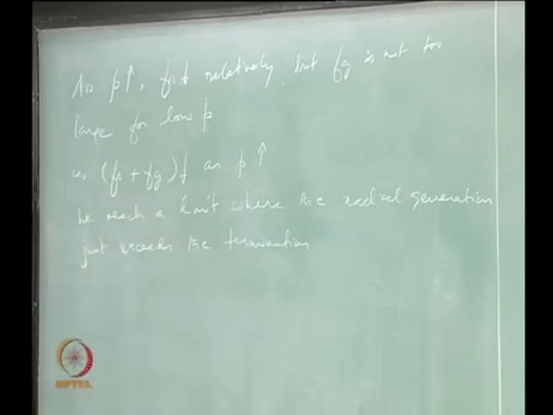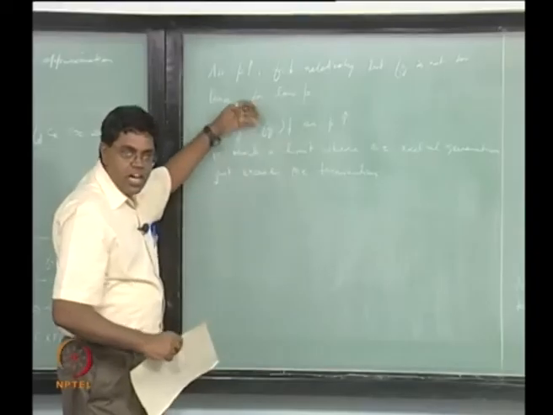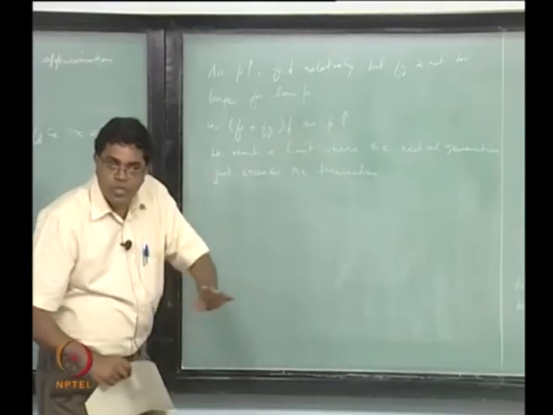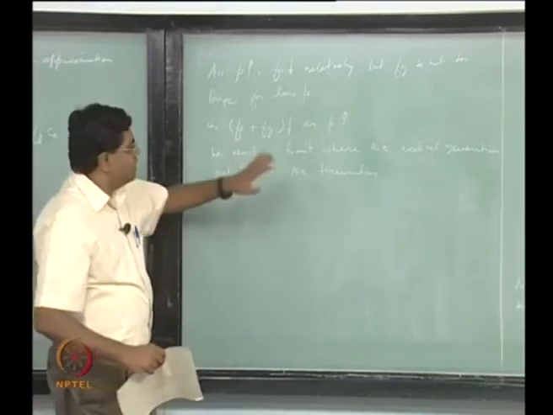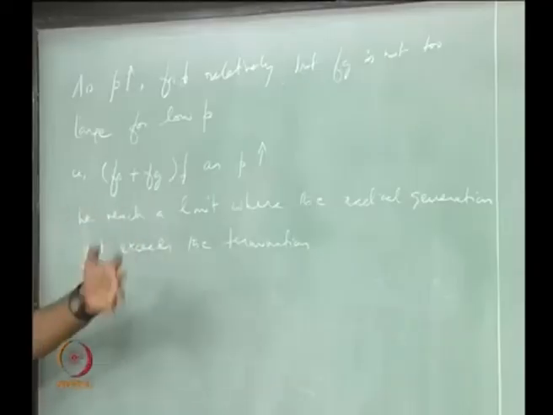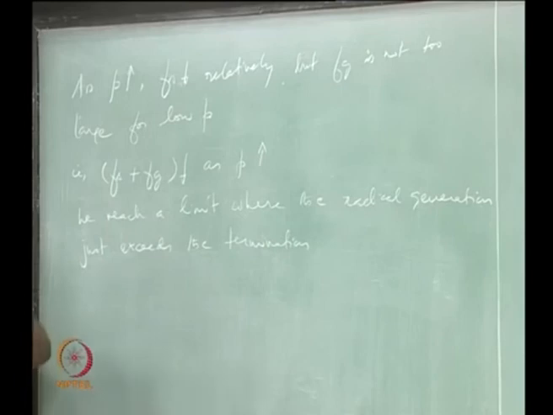Let us suppose that we started out with a very low pressure, and as you increase the P, the termination actually comes down, and in this low pressure range Fg is not very active yet, because the pressure hasn't increased a lot, so Fg is something very small.